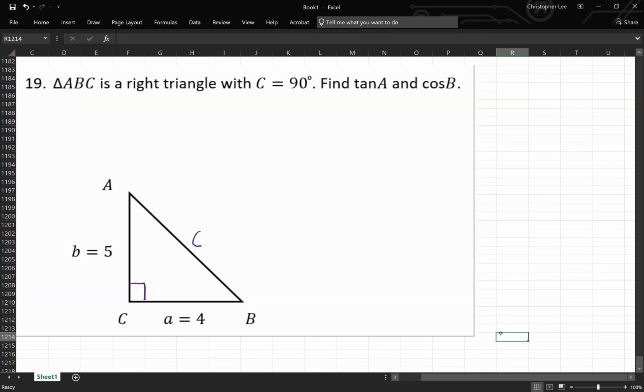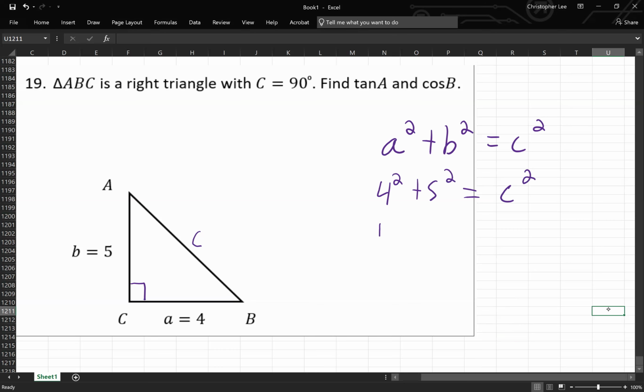Come on, why you not? Give me a minute. This thing froze. All right, a squared plus b squared equals c squared, right? So just plug it in. 4 squared plus 5 squared equals c squared, right? 16 plus 25 equals c squared.